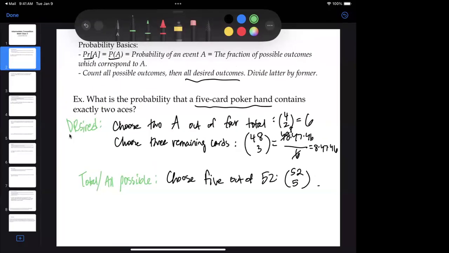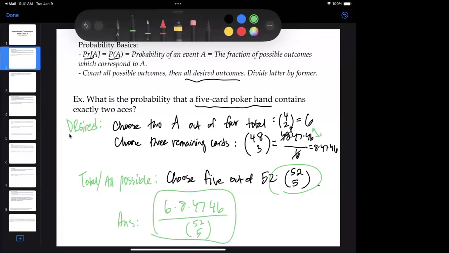What we have to do is just multiply these two numbers and then divide by our denominator. So our final answer is 6 times 48 choose 3 over 52 choose 5, and you can calculate that out if you want to, but they're really big numbers. All right, any questions?